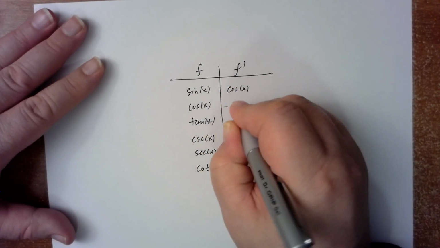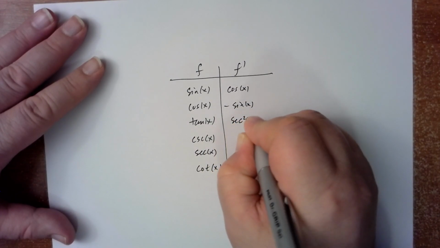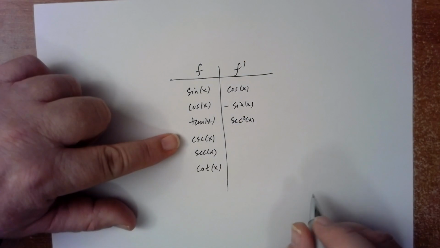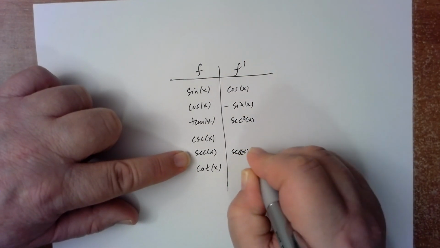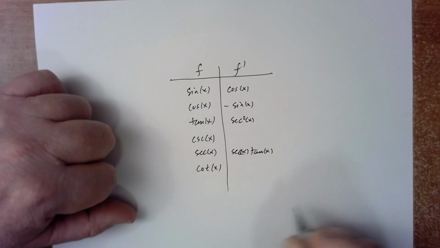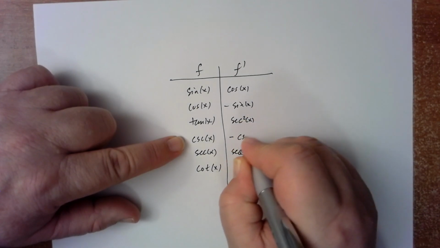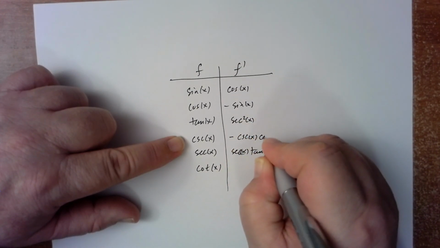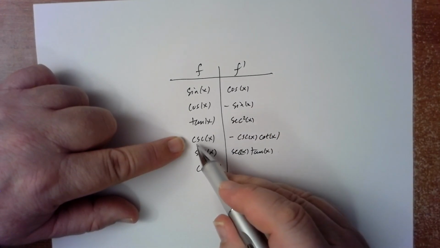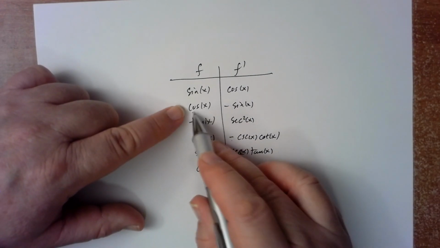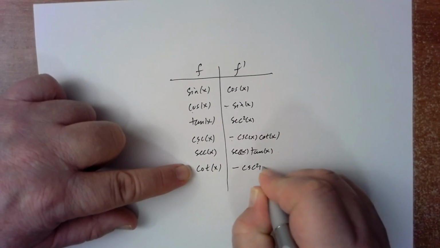Derivative of cosine is minus the sine. Derivative of tangent was secant squared. Good. Now, derivative of secant was secant of x tangent of x. And so derivative of cosecant ends up being minus the cosecant cotangent of x. So notice the relationship here, right? The derivative of a cofunction is negative, and this one will also be negative, and that'll be minus cosecant squared.